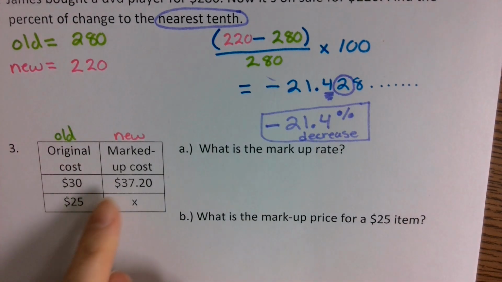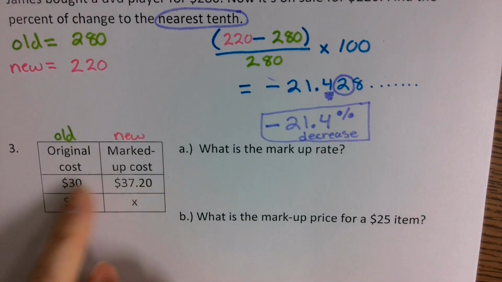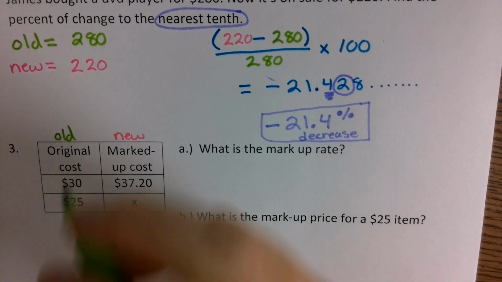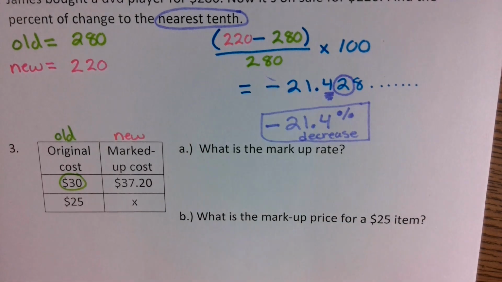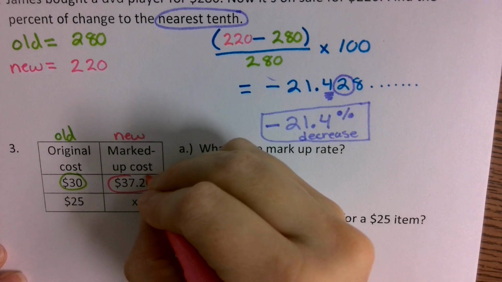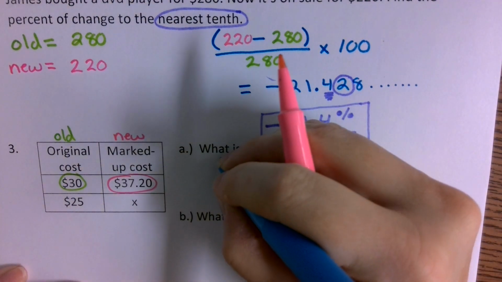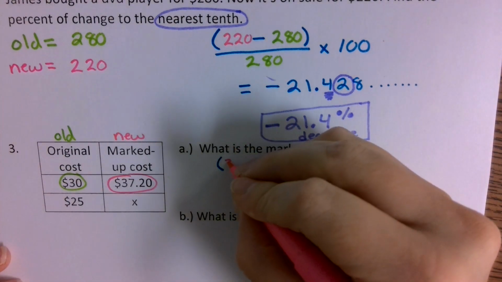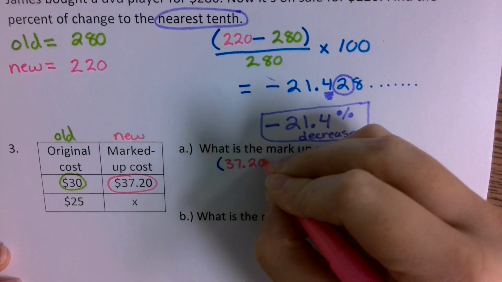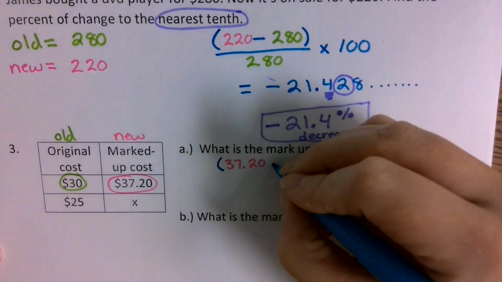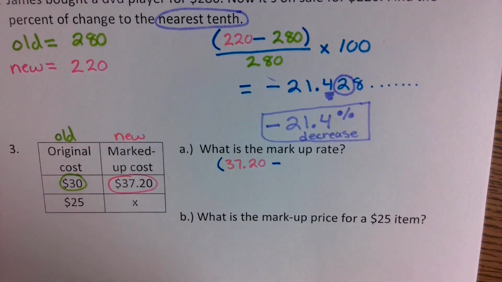So we don't have anything here to look at, but we do have this first column that we can look at. So we can look at the $30 in comparison with the $37.20. So we're going to plug it into our little formula. We're going to do $37.20. We're going to subtract the $30.